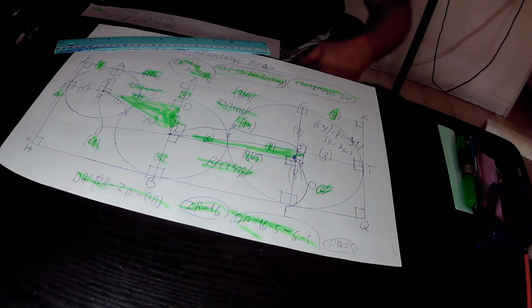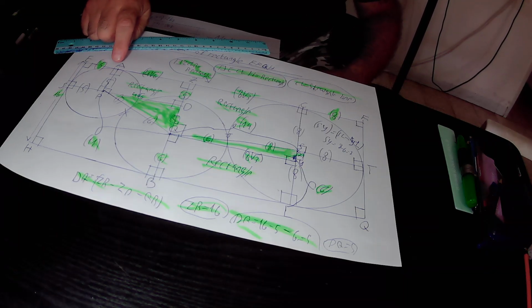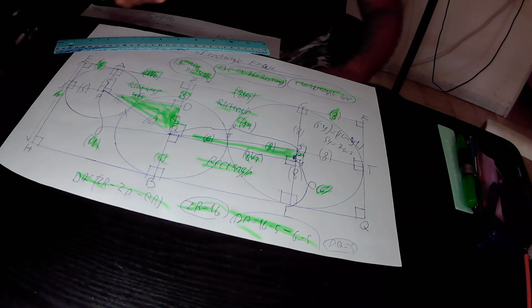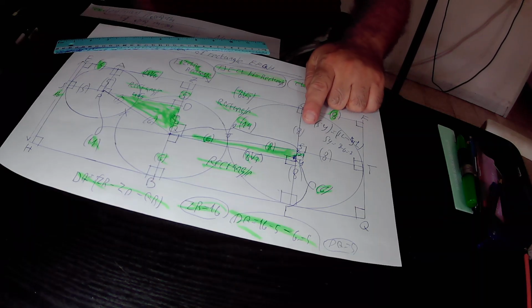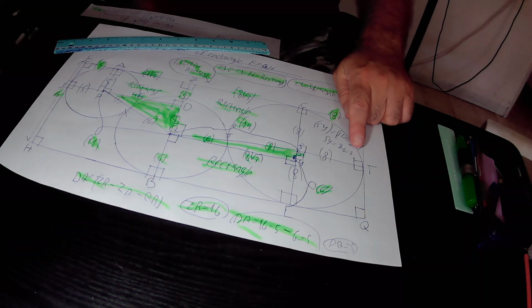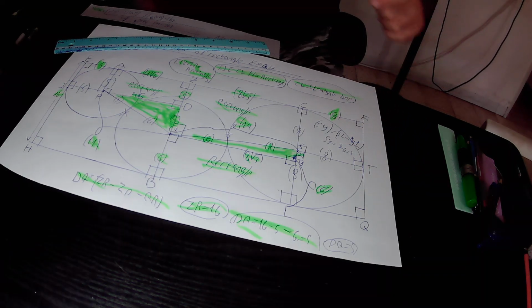Likewise, this angle equals 90 degrees and this angle also equals 90 degrees according to the same rule, rule 1. We joined points S and T together by a straight line. So this angle equals 90 degrees, this angle also equals 90 degrees according to rule 1.